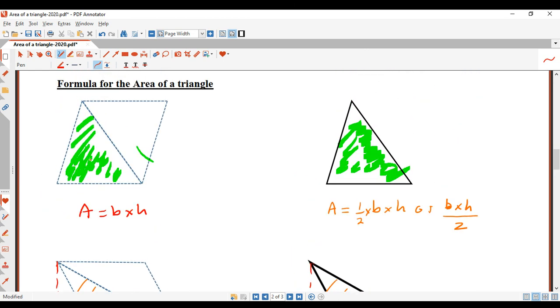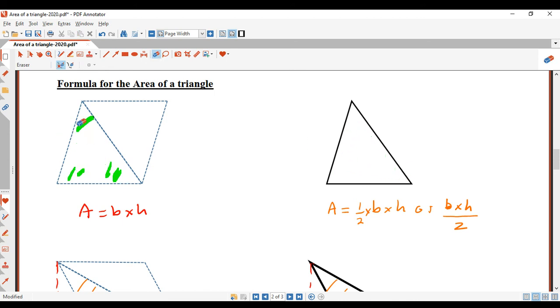And then last of all, we have the base, which is on the bottom here. And we have the height, which is there.